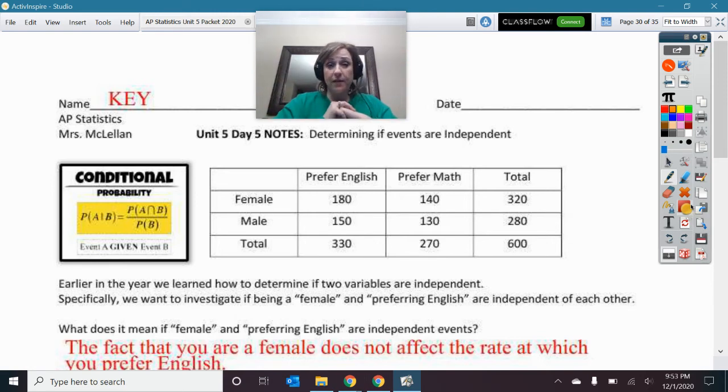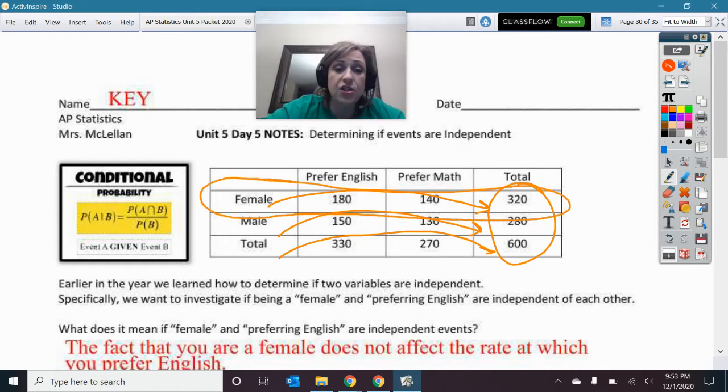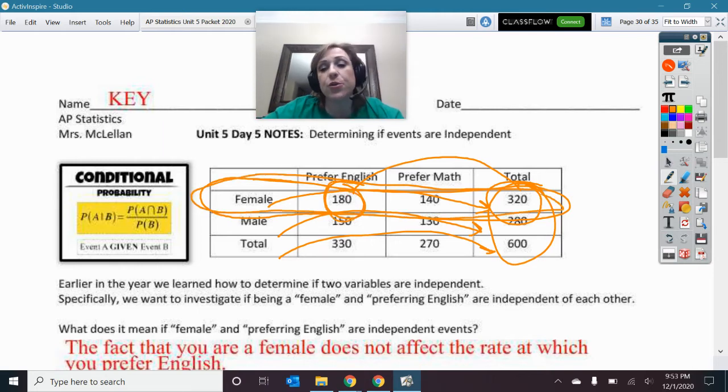And we hopefully know gender is. Okay, so do you remember that this was the way that we would do our fractions? And so these would be our denominators. So out of the females, that would be the 180 out of the 320 who prefer English. So the fact that you are female, 180 out of those 320 prefer English.